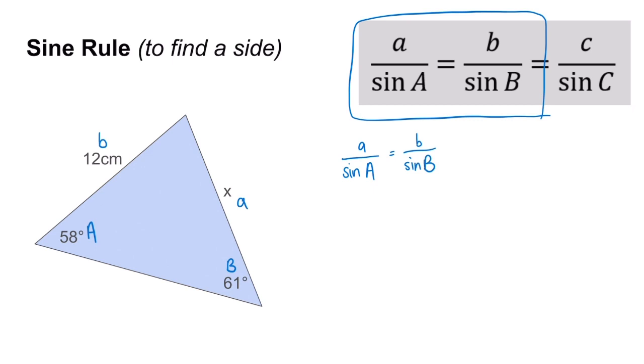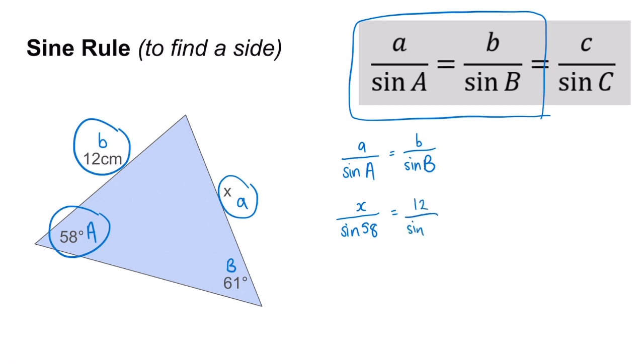So little a on the diagram matched to x, over sine capital A, which was 58, equals little b, which was 12, over sine of capital B, which was 61. Make sure you get your lowercase and your capitals in the correct place. That makes a big difference.